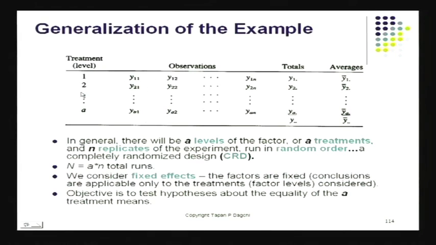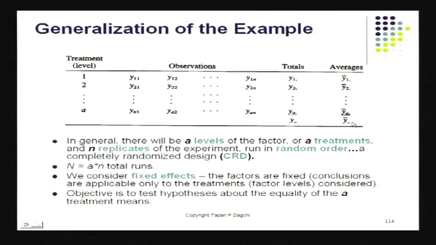There's only one factor being varied, factor A, which is changed from 1, 2, 3, up to little a. The averages turn out to be y1 bar here, y2 bar here, y3 bar, and so on, up to ya dot bar.